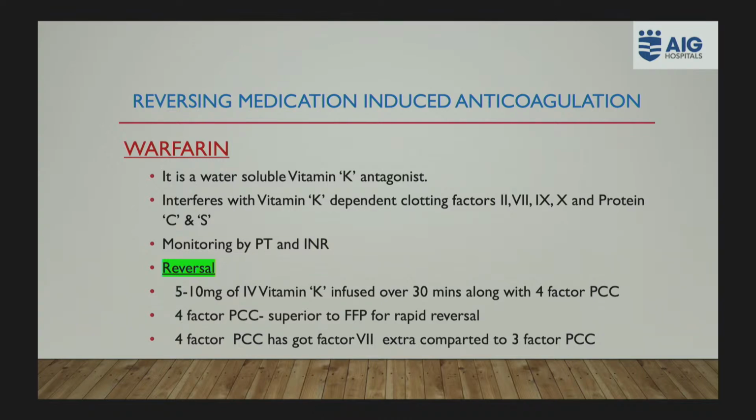Its reversal can be done by giving 5 to 10 milligrams of intravenous vitamin K infused over 30 minutes along with 4-factor PCC. 4-factor PCC is superior to FFP for rapid reversal. 4-factor PCC has an extra factor 7 compared to 3-factor PCC.